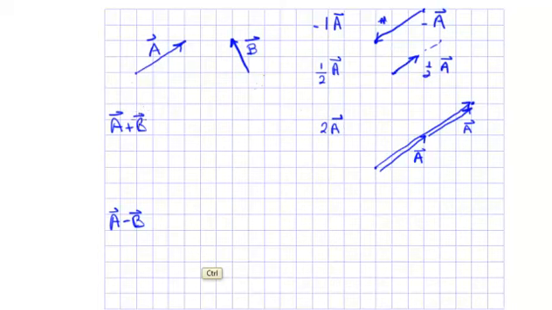So how do you add two vectors together, a plus b? You can add them tip to tail, and so there's two ways I could add a plus b together. Tip to tail, I could do a first, so I can redraw a over 3 up 2, like this. That's a.